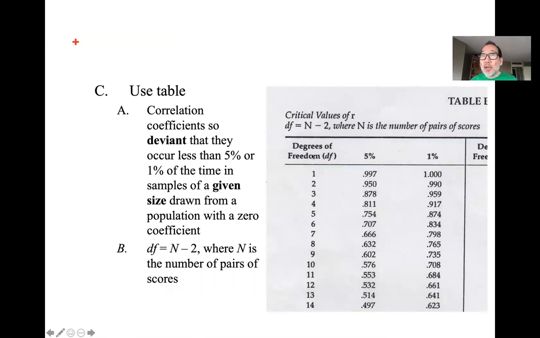Well, you've got to determine the degrees of freedom for your test. Here you determine it by the number of subjects minus 2. So in our case, I think there were 11, something like that. Minus 2 is 9. So you go to 9. Number of pairs of 9, so 9 pairs of scores. Originally 11 minus 2 becomes 9.